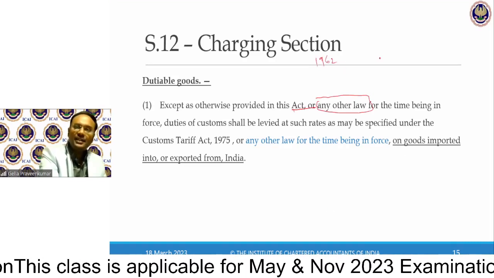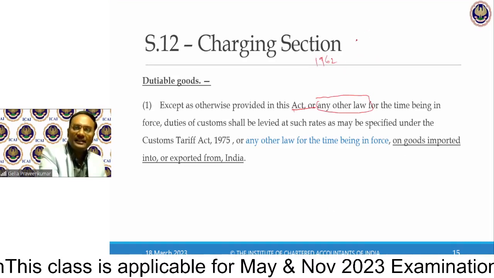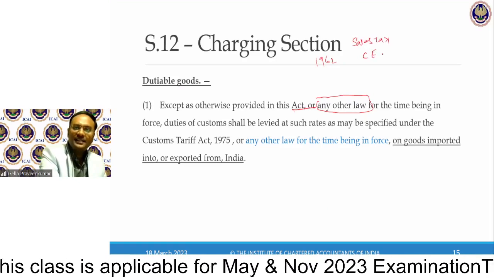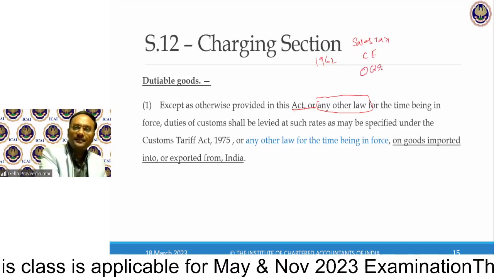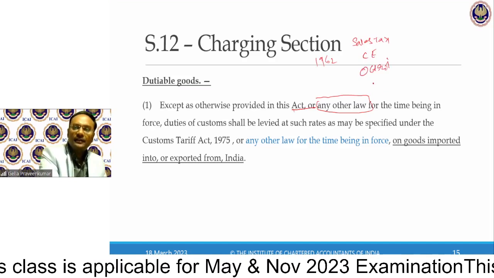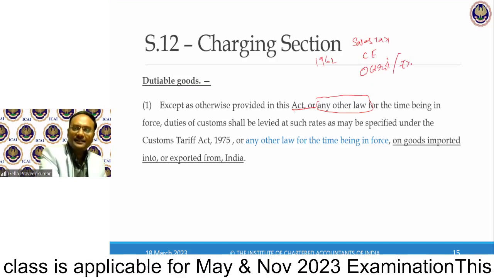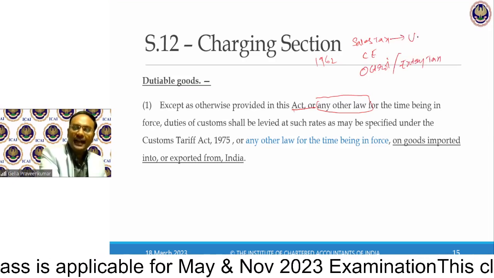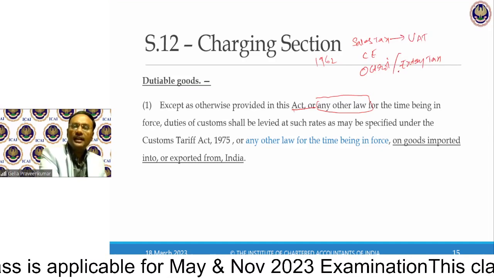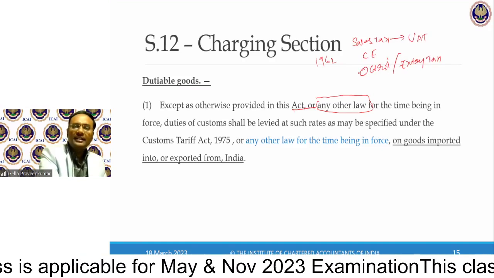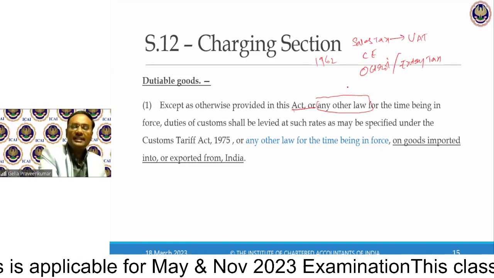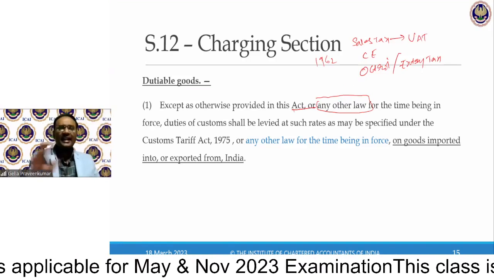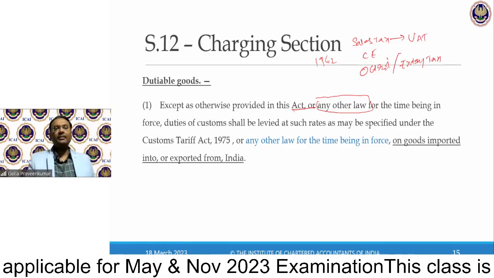In 1962, we had sales tax, central excise, octroi, and entry tax. Over a period, sales tax has become VAT. So the draftsmen do not want to bring in elaborate provisions. They just say any other law for the time being in force.